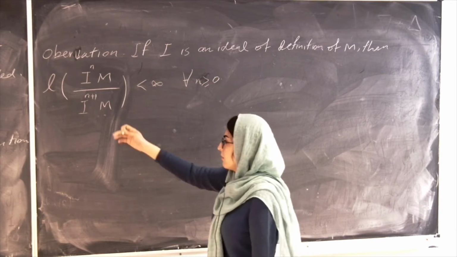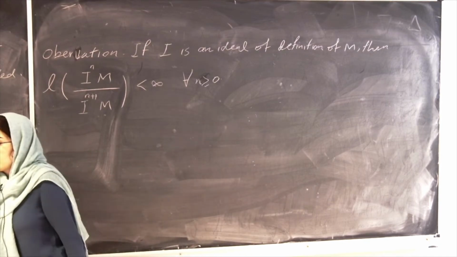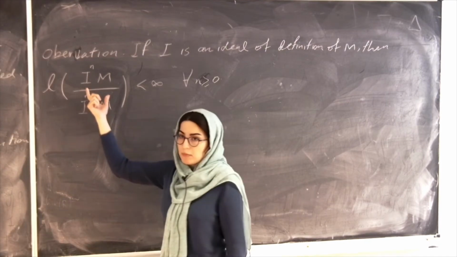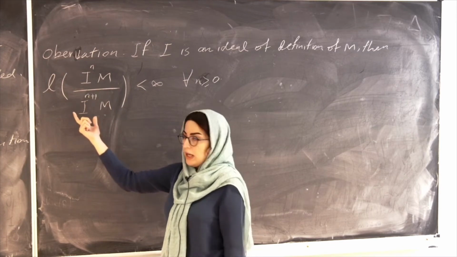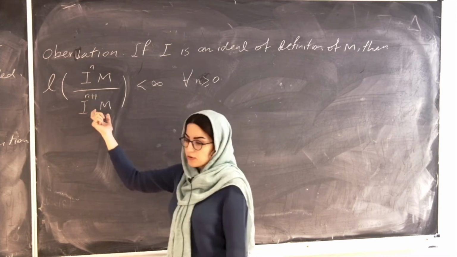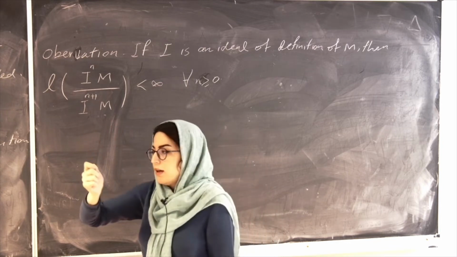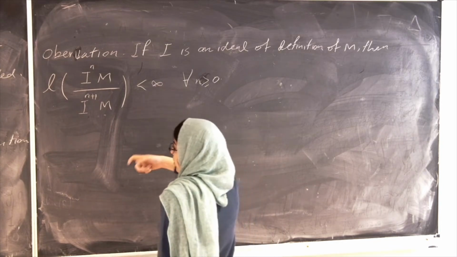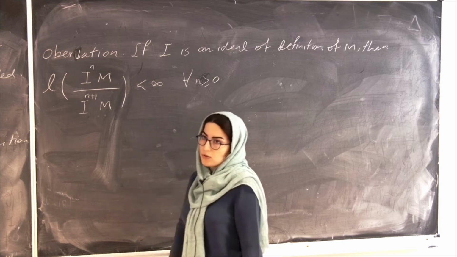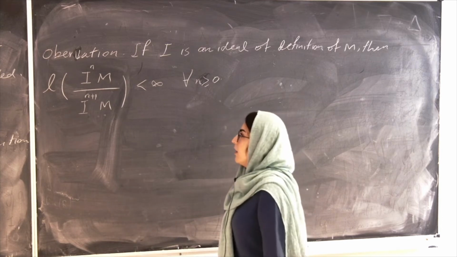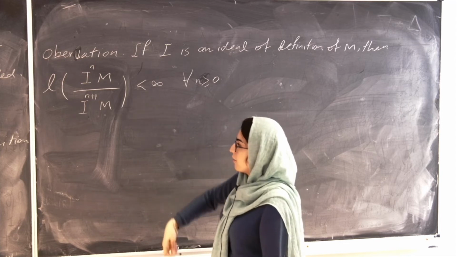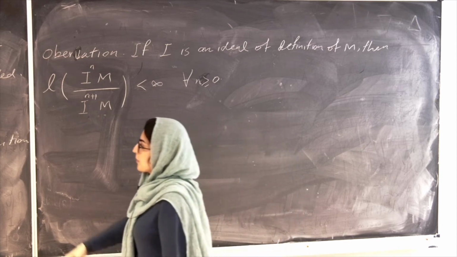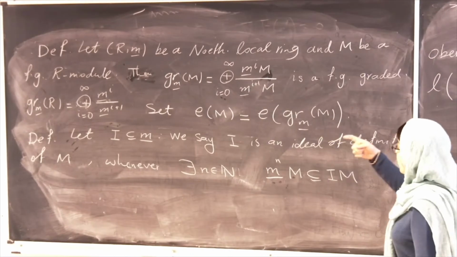Why? Because of this condition, we know that some power of the maximal ideal annihilates this quotient module. And because this module is also finitely generated and is annihilated by a power of the maximal ideal, it has finite length. So this is exactly the Hilbert function of the associated graded module of M with respect to I.